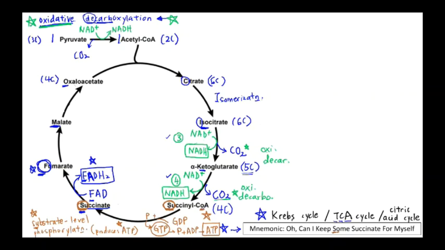And then from fumarate to malate just involves the addition of water. And the last step here, from malate to form back oxaloacetate, ox, means that here it involves the process of oxidation. You guess the process based on the name of the compound. Malate becomes oxaloacetate, ox, so it involves oxidation.